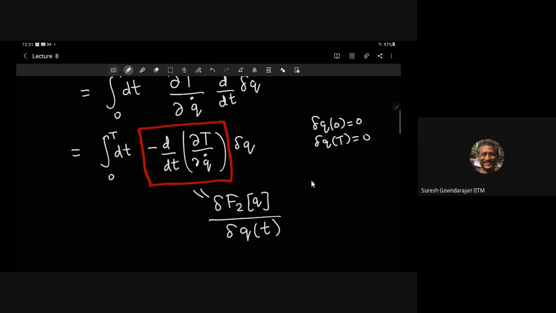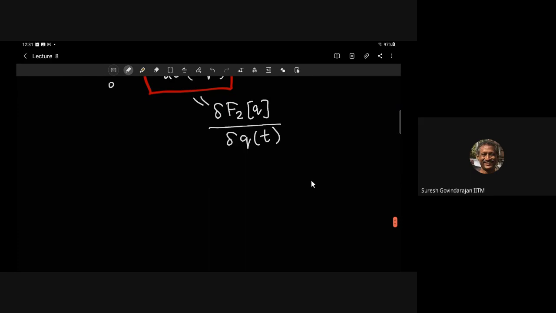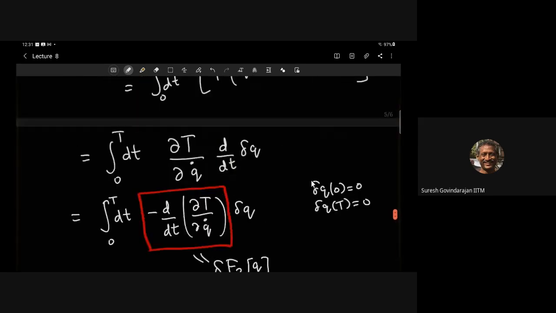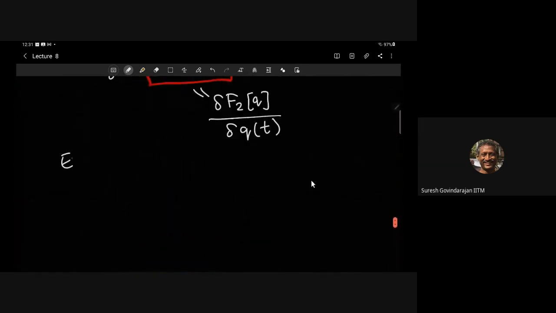Okay, is this clear? So the next example is... Example 4, is it? Let's do example 5. Example 5 is the following.